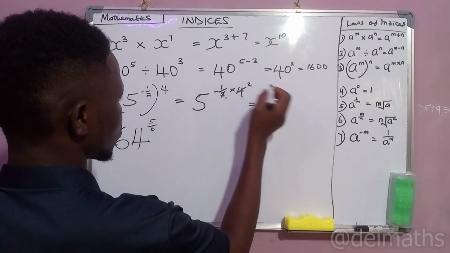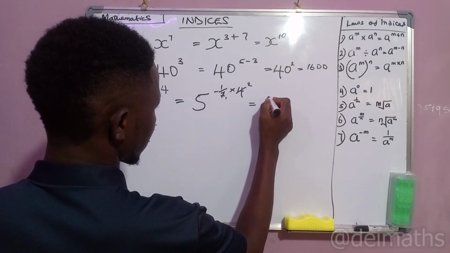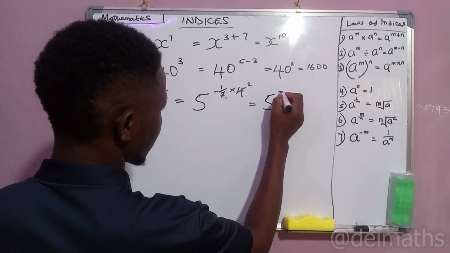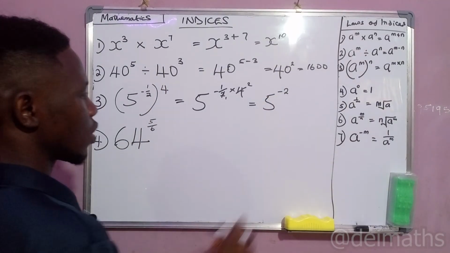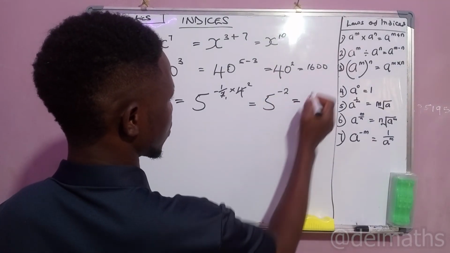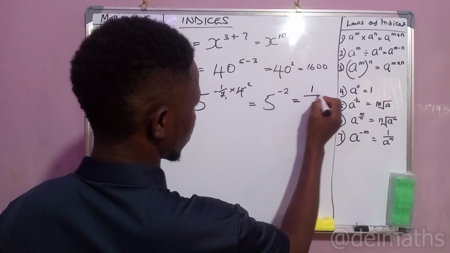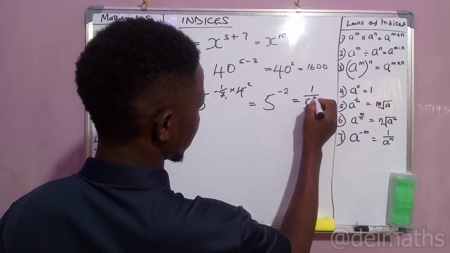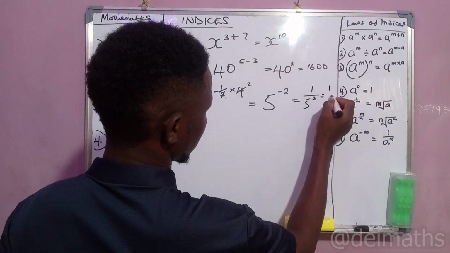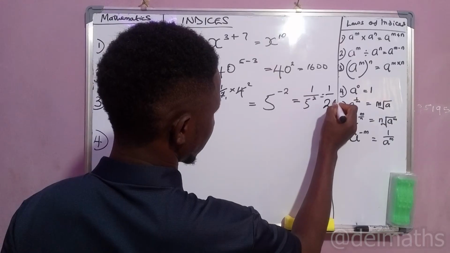So we have 5 to the power minus 2, which is equal to 1 over 5 raised to the power 2, which is equal to 1 over 25.